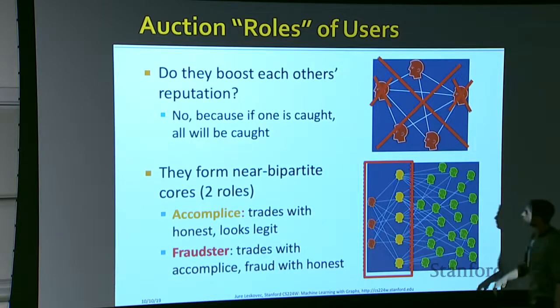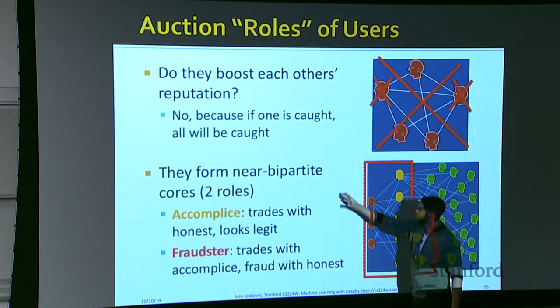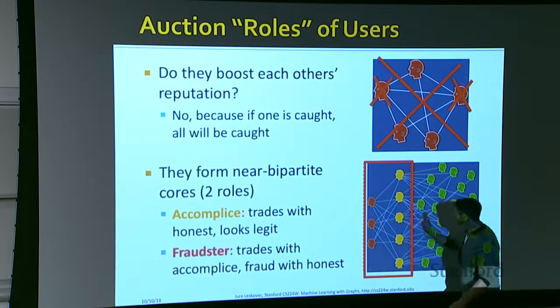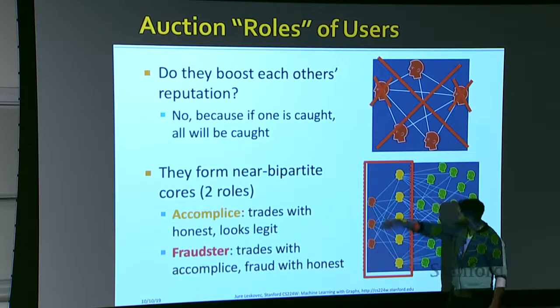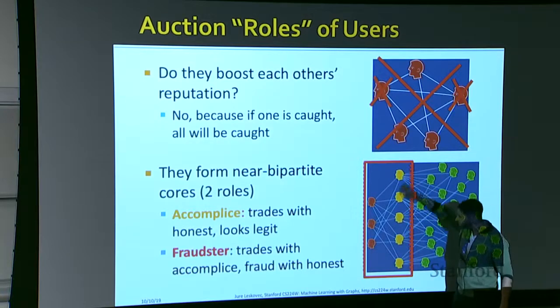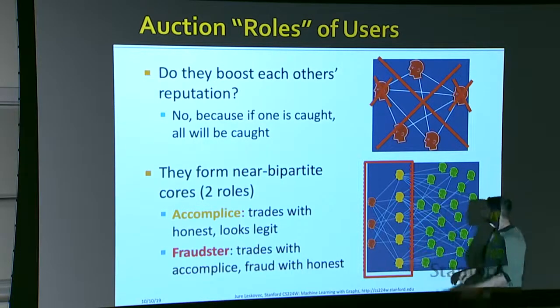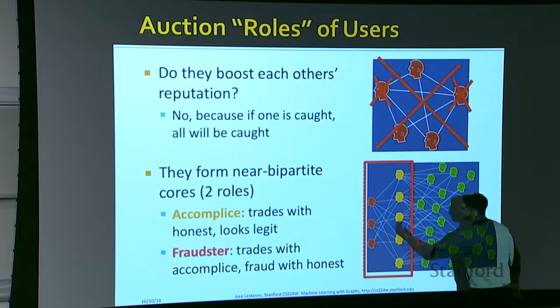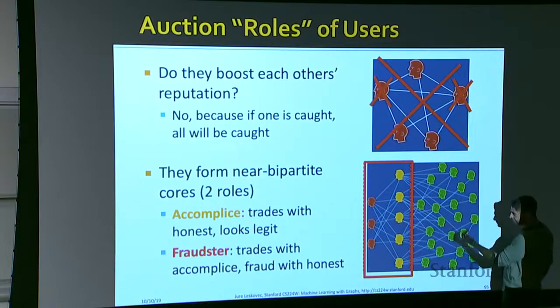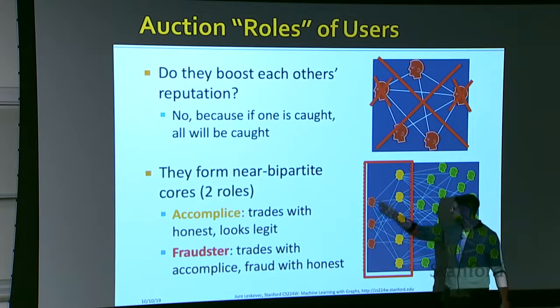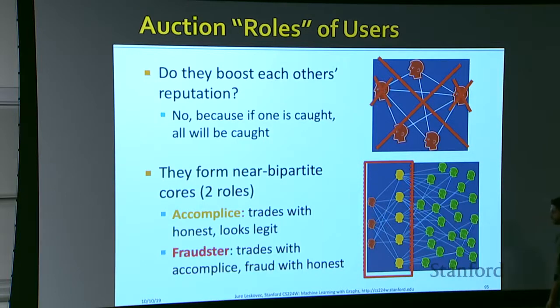So what they actually do instead is form a near bipartite core. They have the actual fraudsters in red, and accomplices in yellow, okay? The accomplices do most of their trades with the legitimate people on the platform, and then every now and then they also trade with the actual fraudsters to pass some of the reputation over to them, okay?